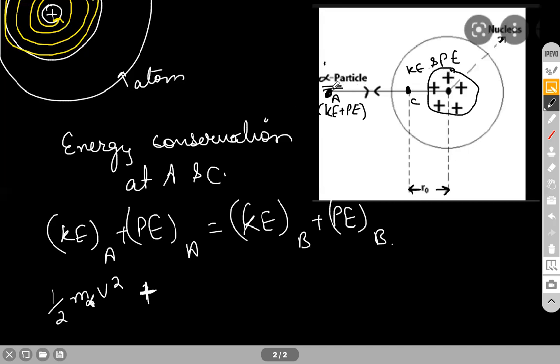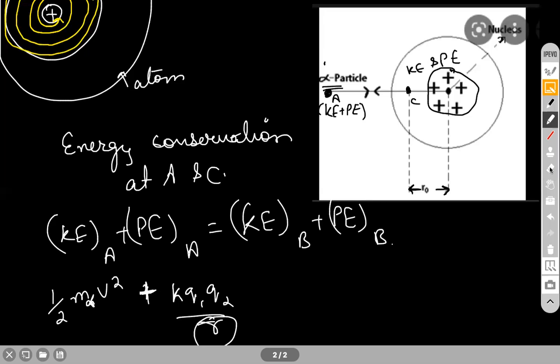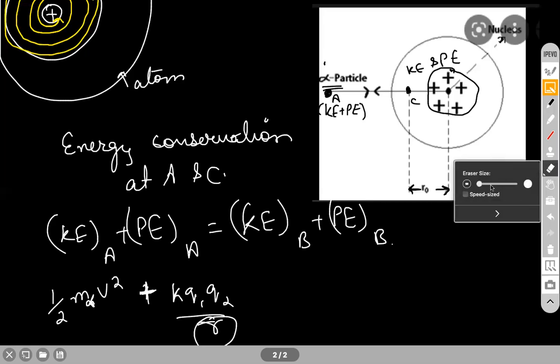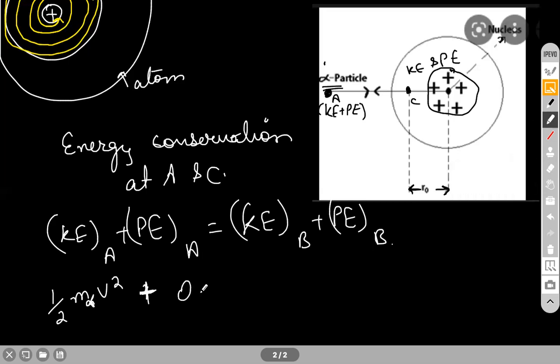It has no interaction with the proton as of now; it is moving just because of its velocity. So potential energy K Q1 Q2 by R, because R is very large and there is no interaction, so potential energy at A will be 0. I will directly write 0.